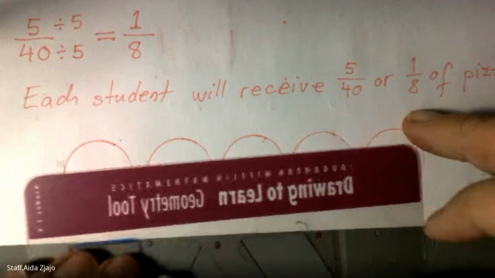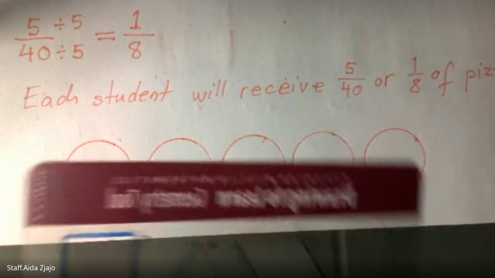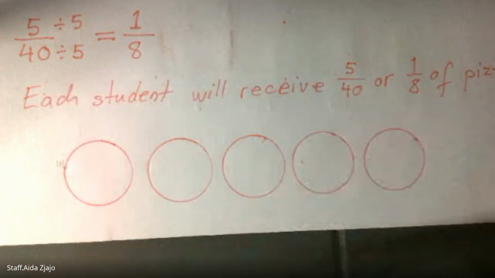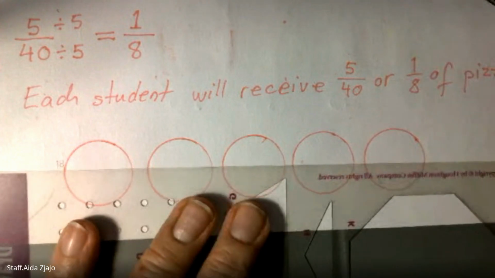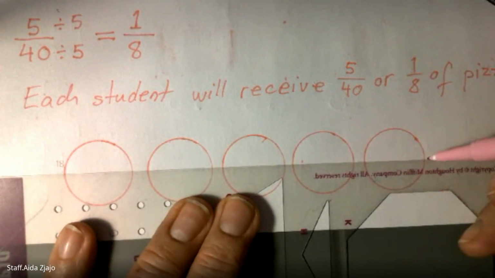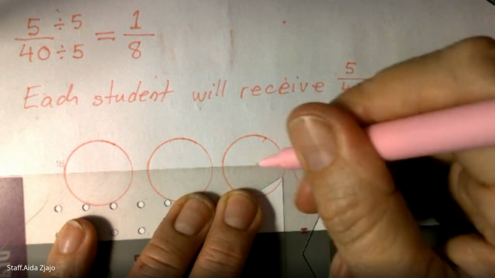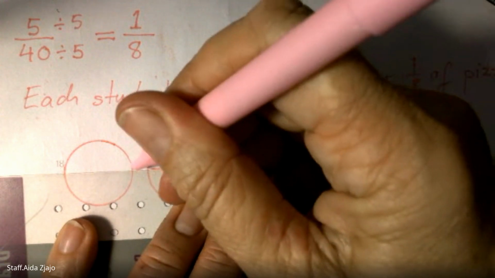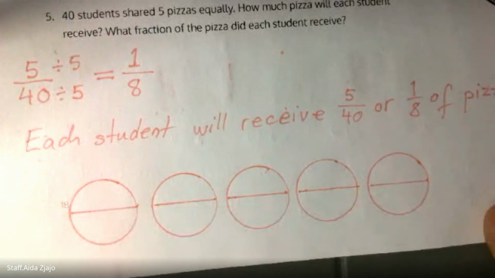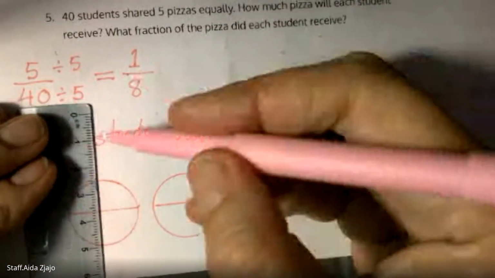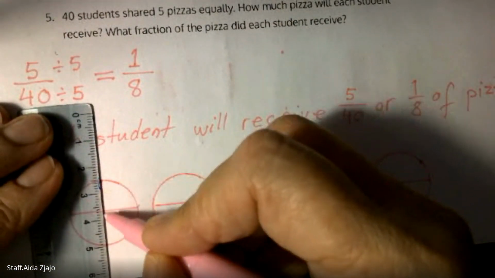If I cut each pizza in half, now each pizza is in halves. Then I'm going to make each pizza into fourths.